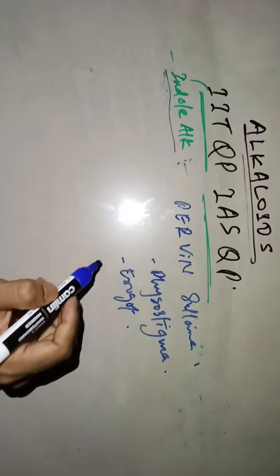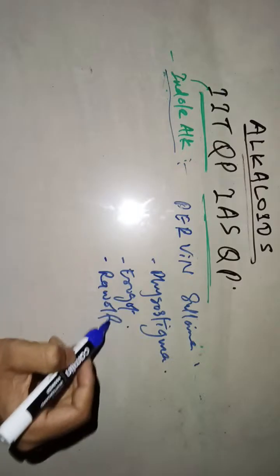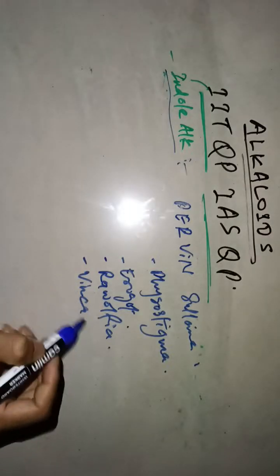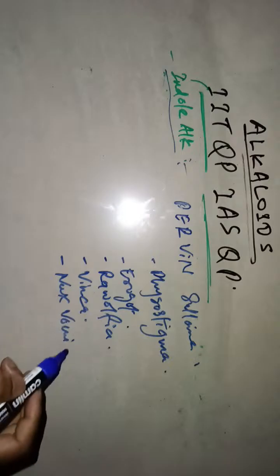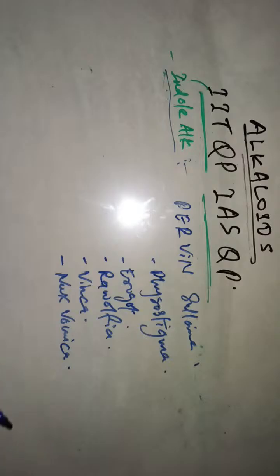Physostigma, ergot, Rauwolfia, Vinca, and N is Nux vomica. So physostigma, ergot, Rauwolfia, Vinca, and Nux vomica. These are examples of indole alkaloids. Next is imidazole alkaloid.